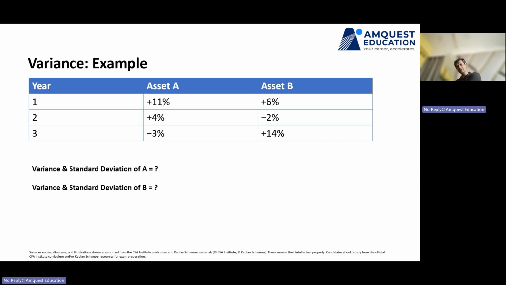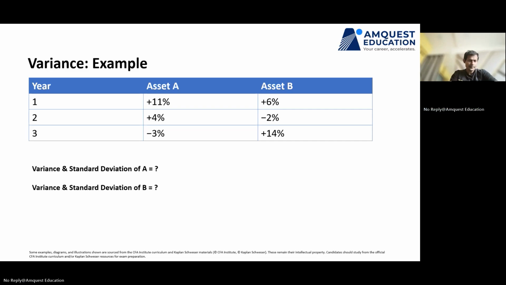What is the variance of asset A? Anyone knows, or I'll start the sum the other way around.